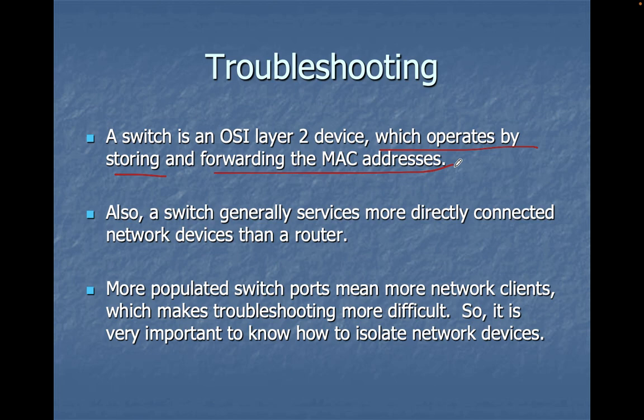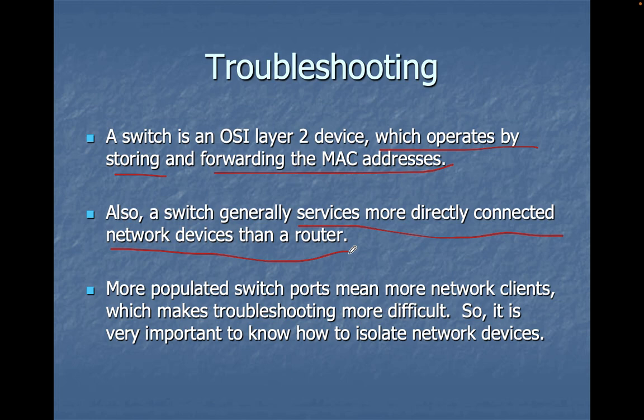Also, a switch generally services network devices more directly than a router. Routers are like gateways to other networks. Switches deal with network devices that are connected together, like computers, access points, and IP phones.